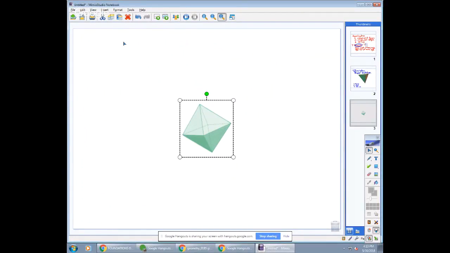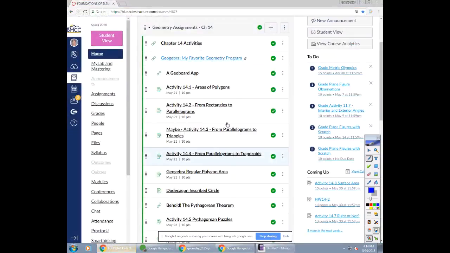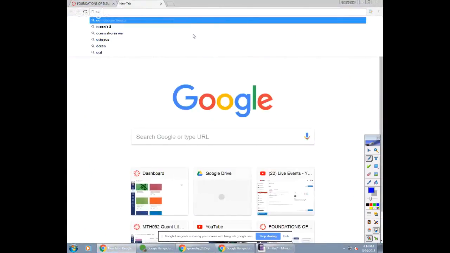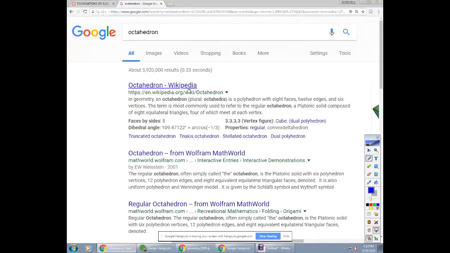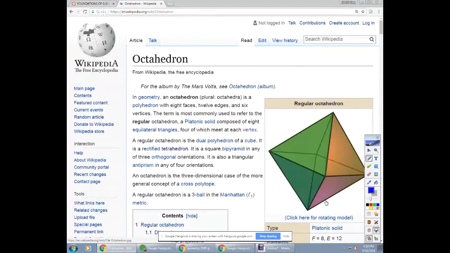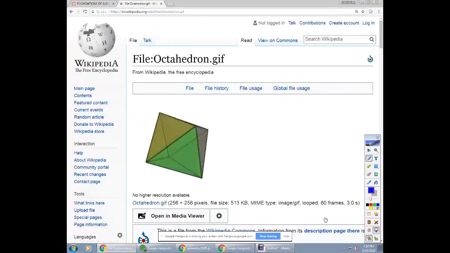So this is the octahedron. And the question is, does it appear to be regular? And here comes the rotating model.